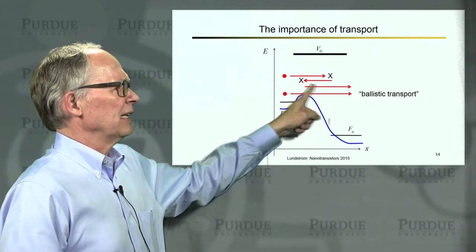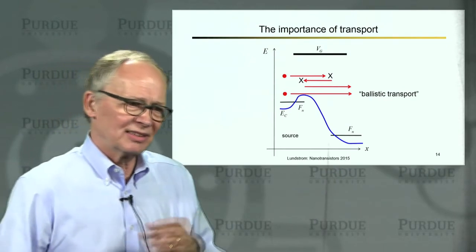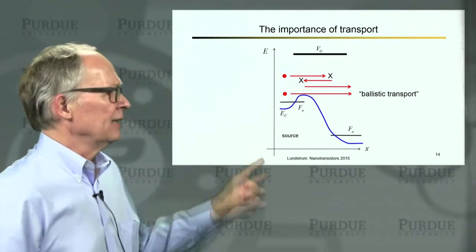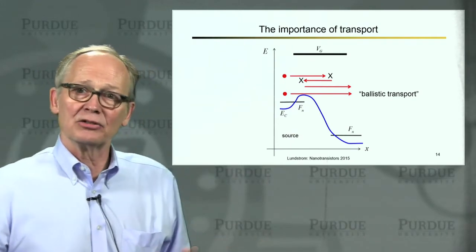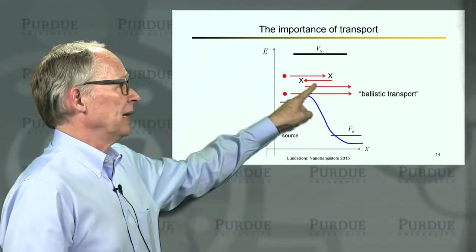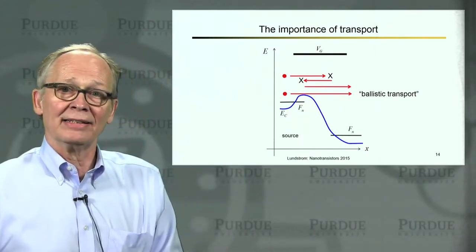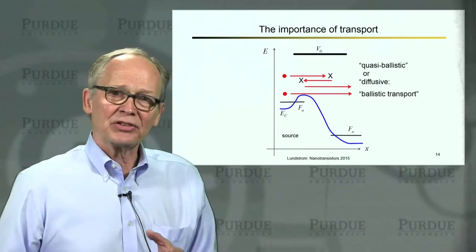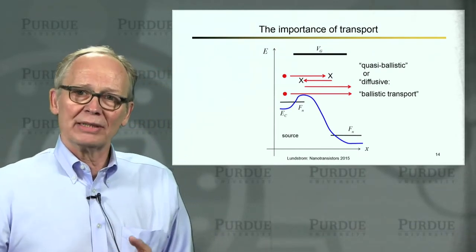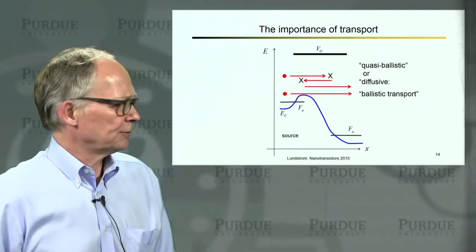There's a possibility that you'll encounter some impurity, or some lattice vibration, or some roughness at the interface that will cause the electron to backscatter. It may go back to the source and not contribute to drain current. Or it may scatter again and undergo some kind of random walk and finally end up going out either the drain or the source. If there's a little bit of scattering, we call this transport quasi-ballistic. If there's a lot of scattering, we call it diffusive.